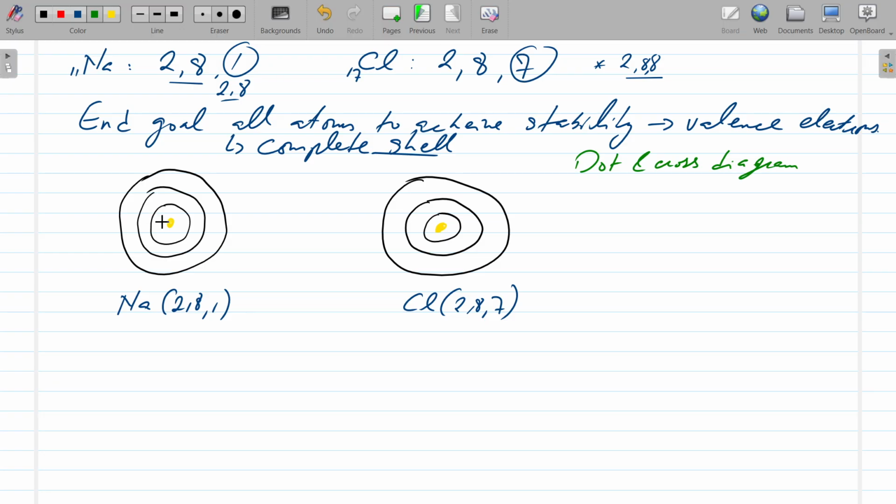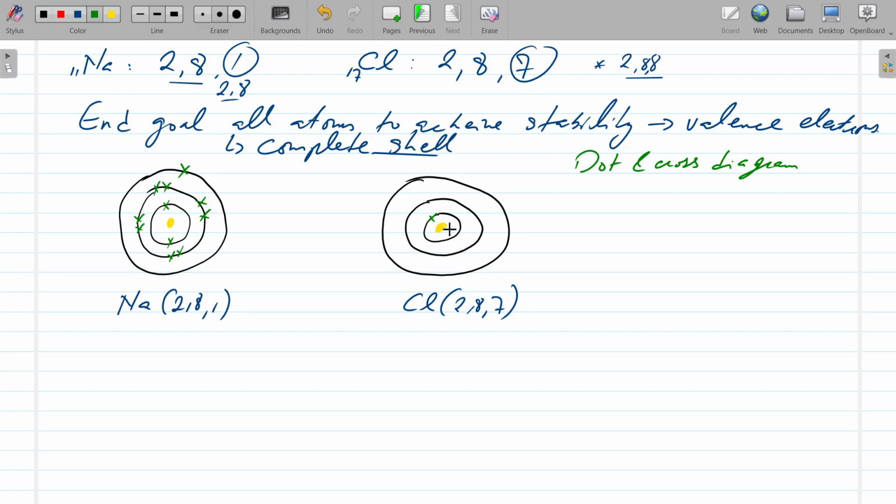And what that means is that you represent the electrons for one of these atoms with crosses. So let's do crosses for sodium. So you've got 2 over here, and you've got 8. And remember, the 8 electrons are coming in pairs. And then you've got 1 outermost electron over here.